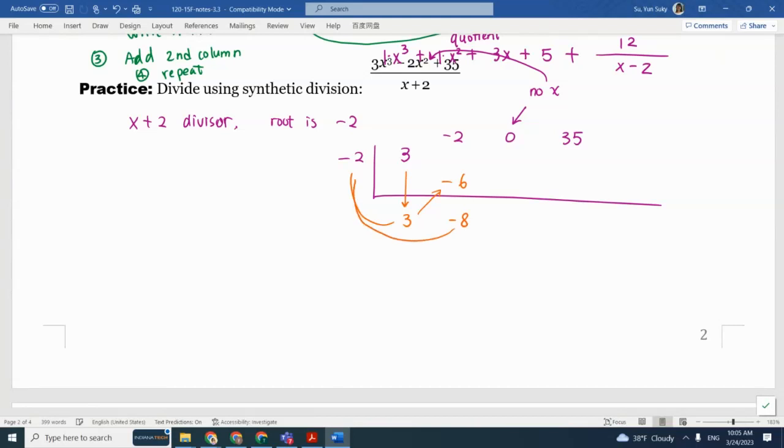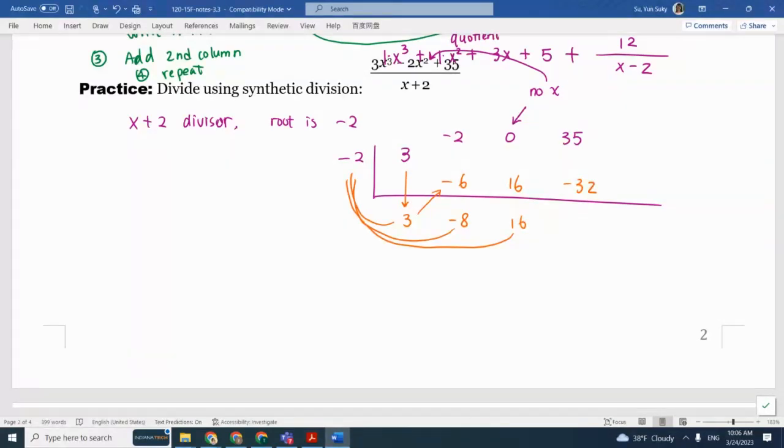Negative 8 times negative 2 is 16. 0 plus 16 is 16. 16 times negative 2 is negative 32.